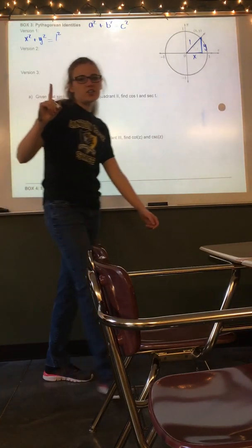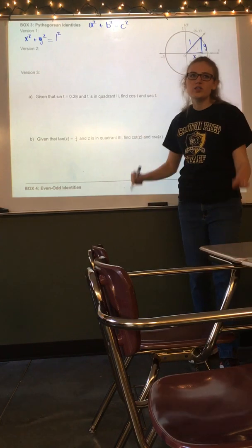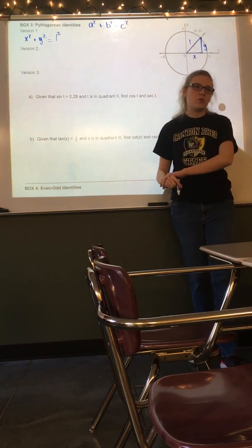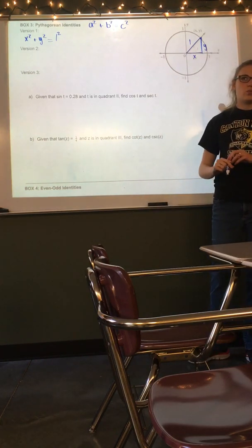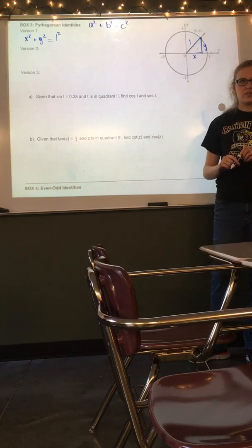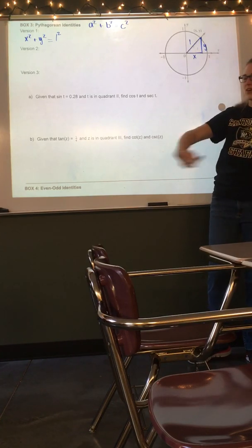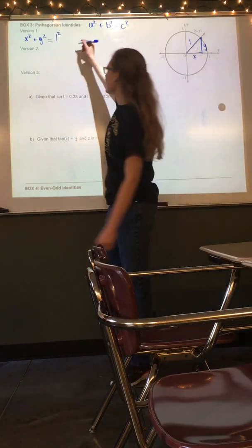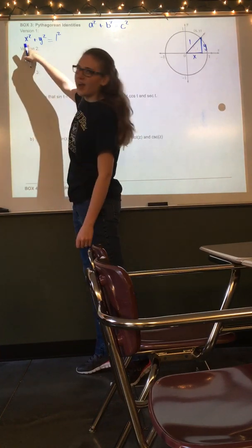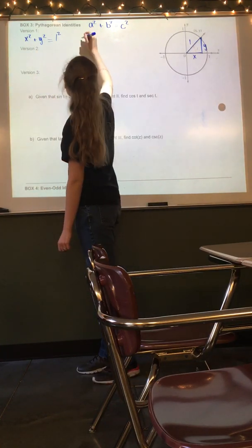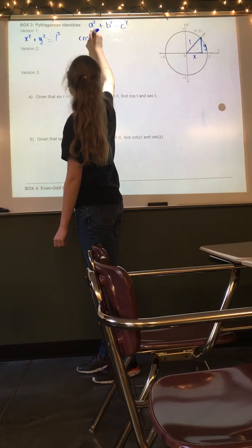Now here's where the magic comes in. What did we just say x was equal to? Which trig ratio? Cosine. X is cosine. So instead of writing x, I'm going to substitute cosine squared.